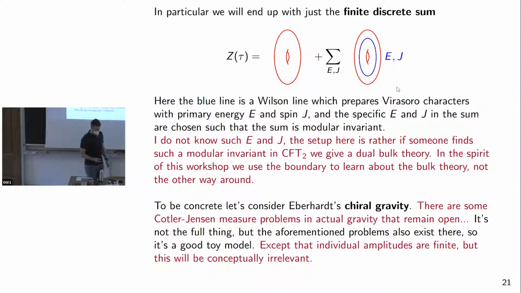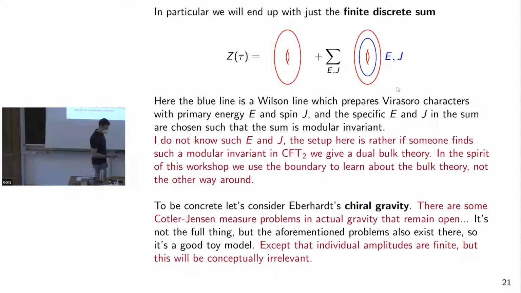And I think that is something you can probably do. So what I want to argue is that you can construct deformations of 3D gravity where we just end up with this finite discrete sum, which is pictorial, but if you want to write it in CFT formulas, the first is like χ_0 squared, and the second is like χ_h χ_h̄ or something, where h and h̄ are the left and right moving weights, and χ are Virasoro characters.